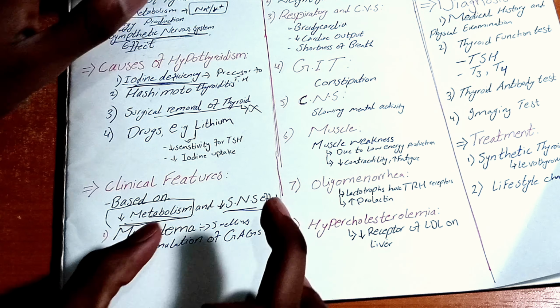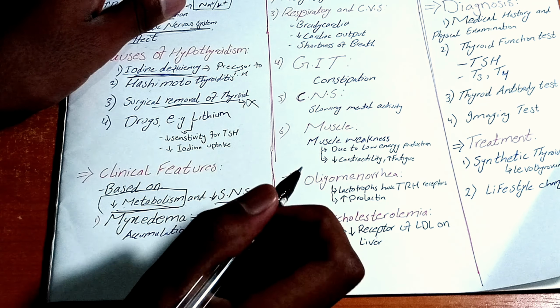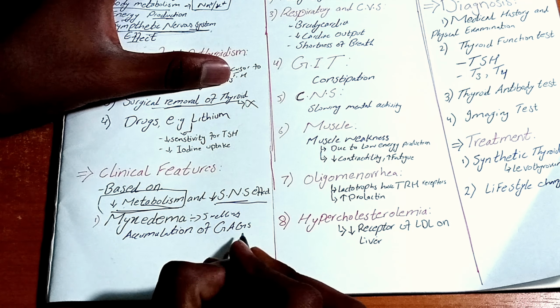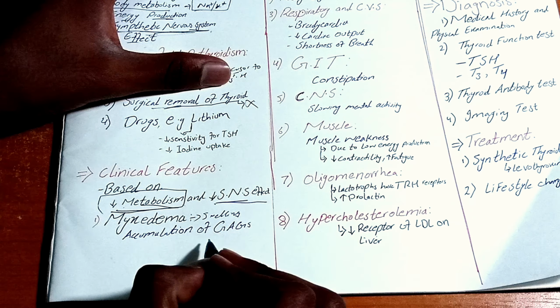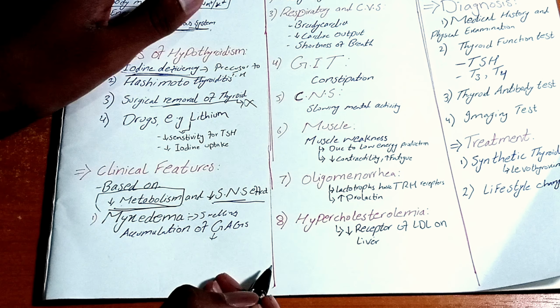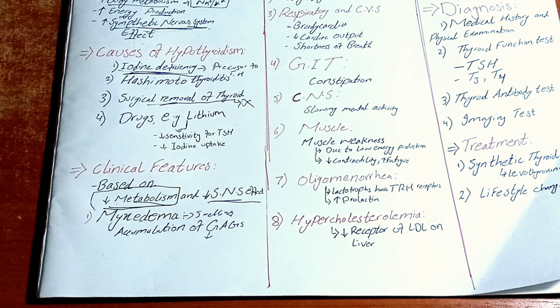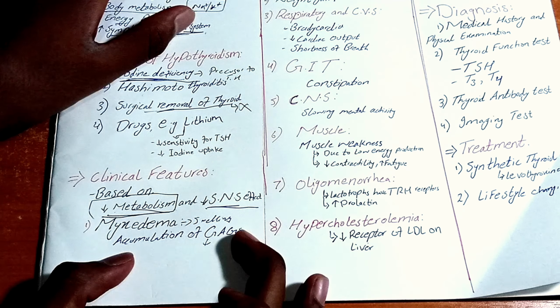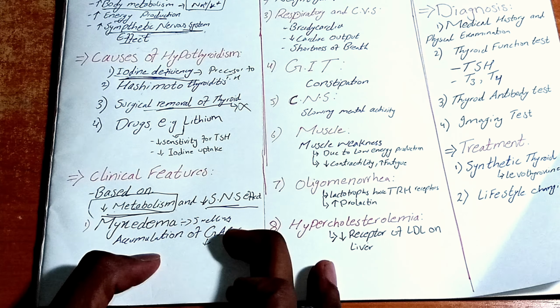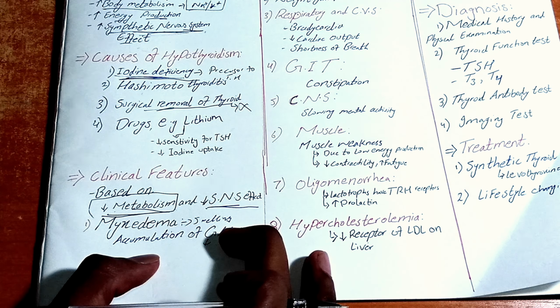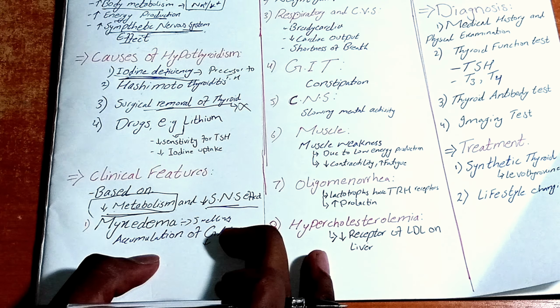When thyroid hormone decreases, metabolism decreases, including the metabolism of mucopolysaccharides, for example glycosaminoglycans, which we call GAGs. This metabolism is essential to regulate them. If it does not occur in the body, then these GAGs and mucopolysaccharides start depositing in our tissues.